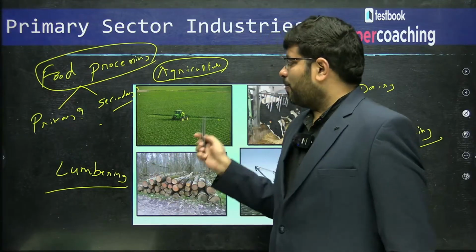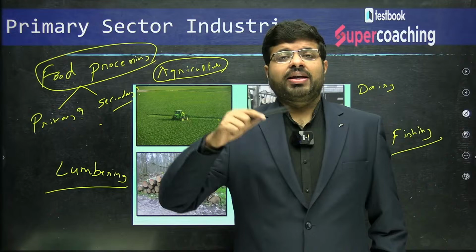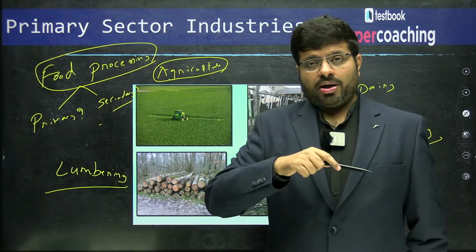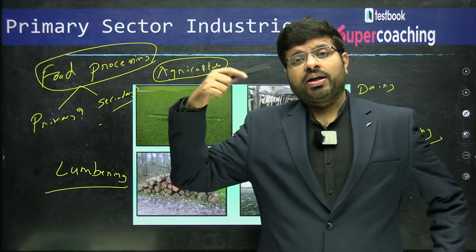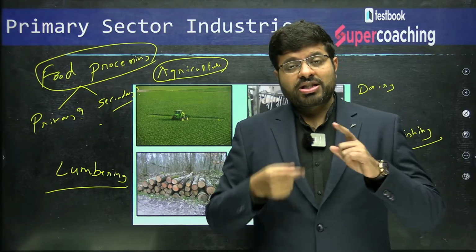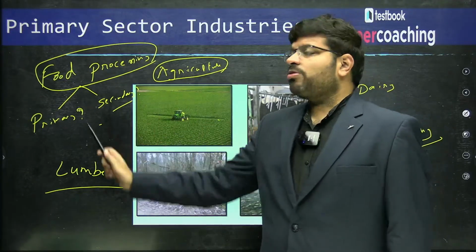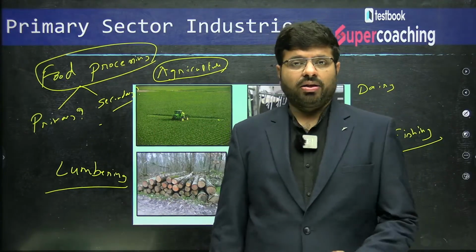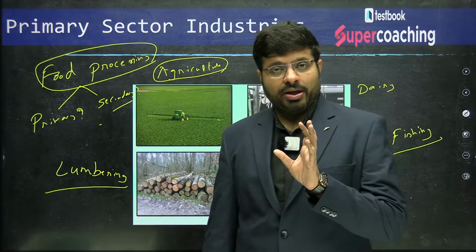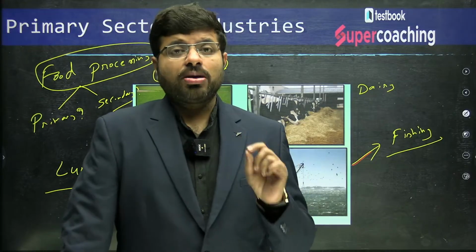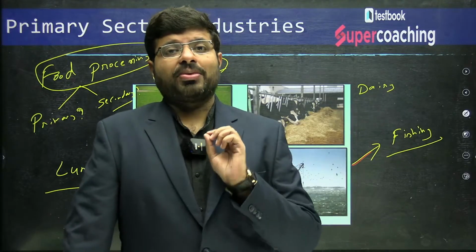So primary sector industries, the nature of the value addition and how much you are converting the raw material into a finished product, the more the changes, the more it will be secondary, the less would be primary. Whereas when you directly get the raw materials and there is not much of a change, then that is a primary sector industry.